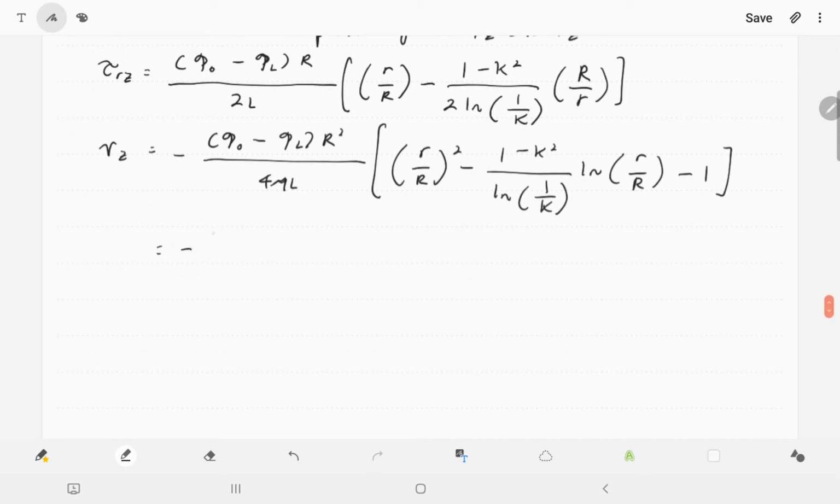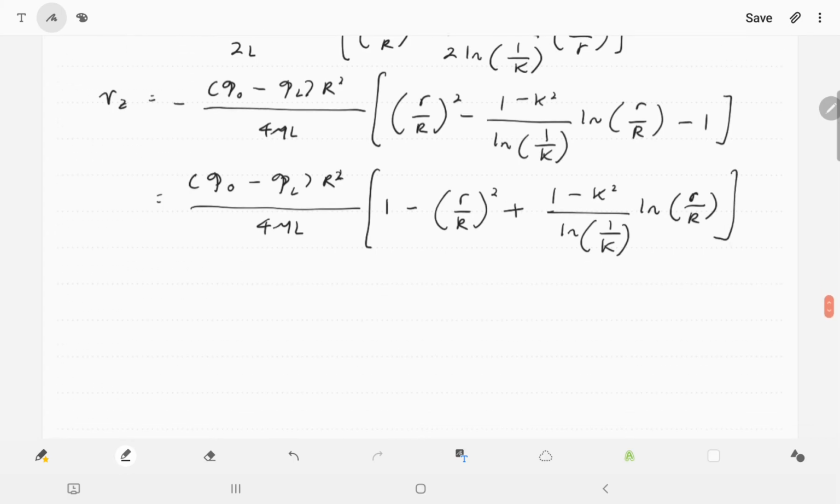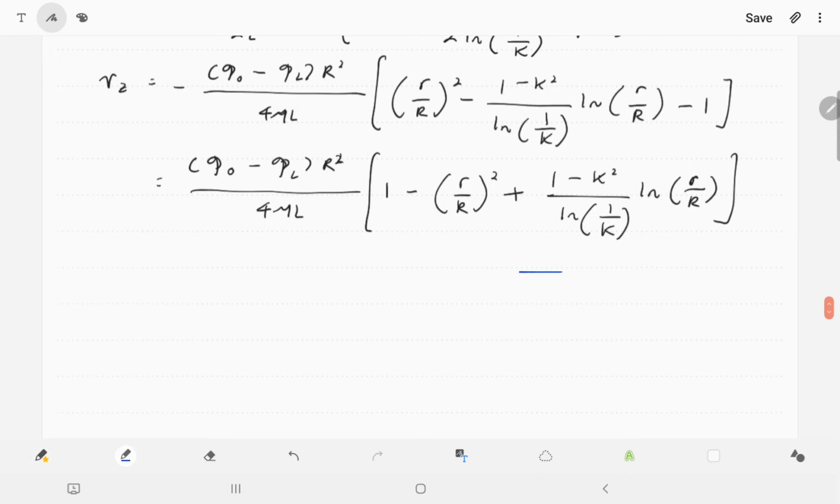I want to continue this one: (p naught minus pL) R square divided by 4 mu L, times 1 minus r per R square plus (1 minus k square) over ln 1 over k, times ln r per R. Here I will just continue with the part I want to change, which is 1 minus k square.